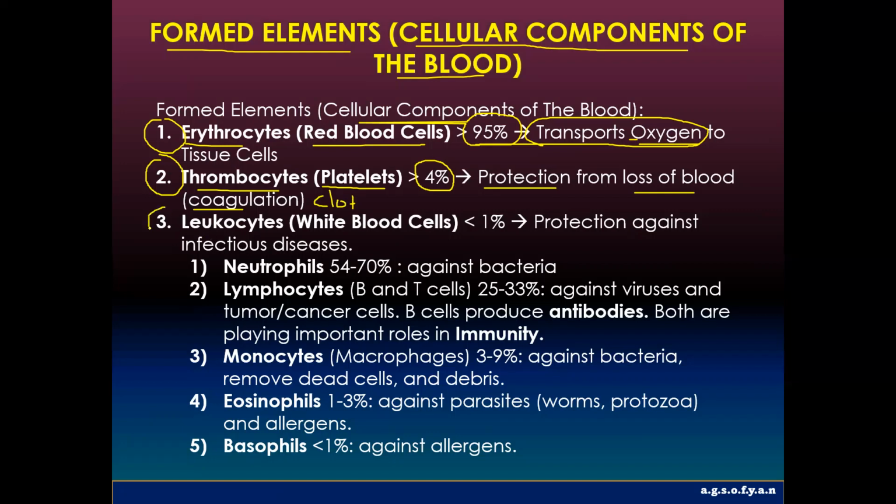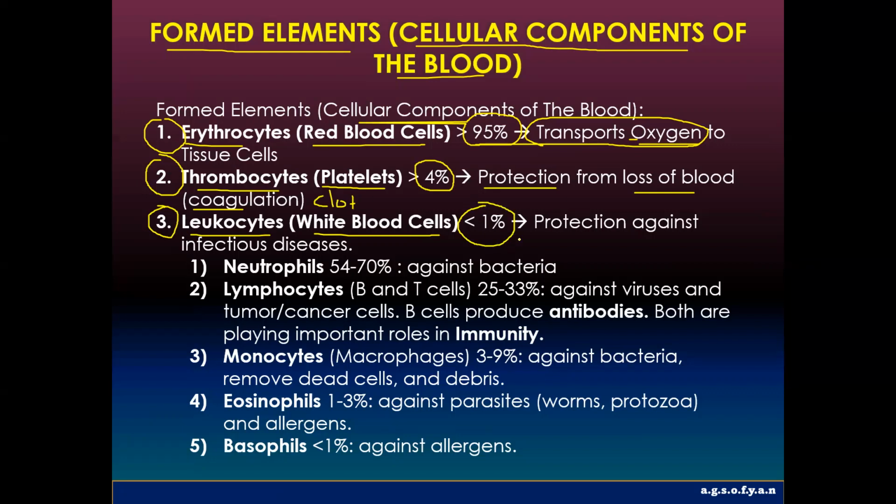And the last cellular component in the blood is called the leukocyte, or white blood cell, and it is less than 1% in our blood.